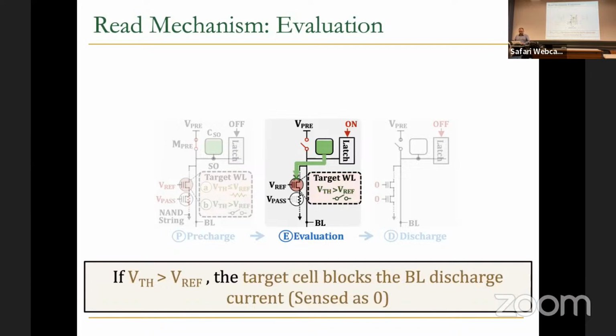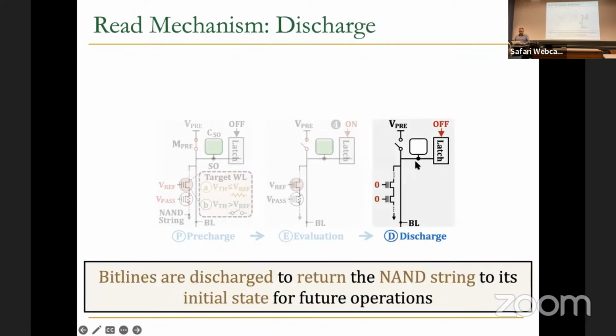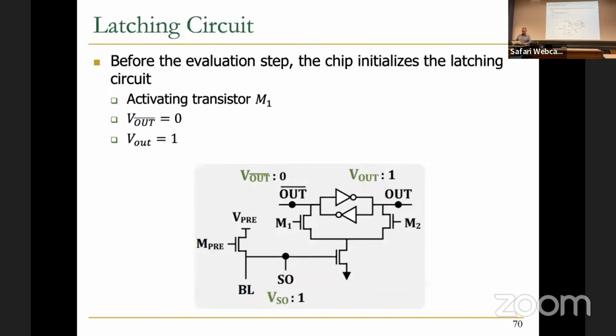And after that, for the discharge, essentially you need to make sure that the bit line gets completely discharged. So that's the process for discharge. But now the interesting part is actually the latching circuitry. So how do you really sense that the current is flowing or not?